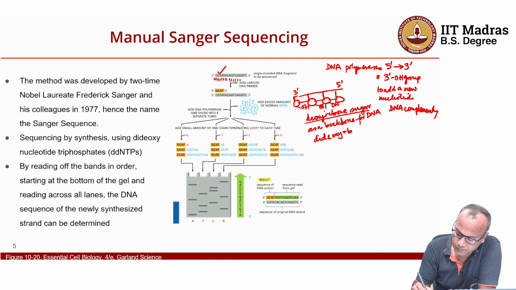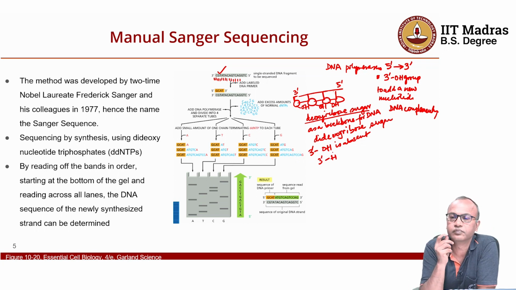The innovation that Sanger did was, instead of using a deoxyribose sugar, he uses dideoxyribose sugar. Which means in this sugar molecule, the 3' hydroxyl group is absent. Instead, there is 3' hydrogen group.